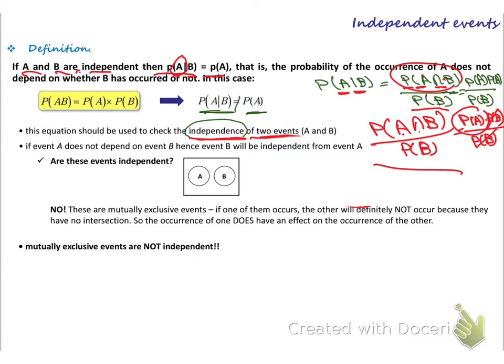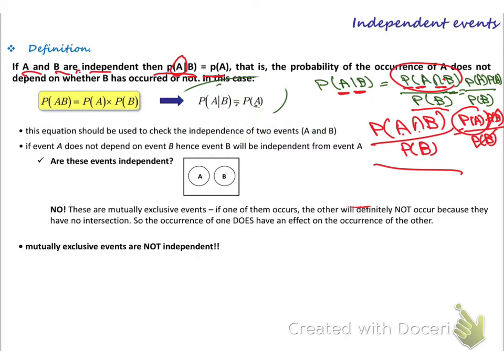If they are not equal, for example here 0.5 and here 0.2, then they are not independent. So they use this rule to check the independence of the two events, A and B. If they are independent, the probability of A given B should be equal to the probability of A.